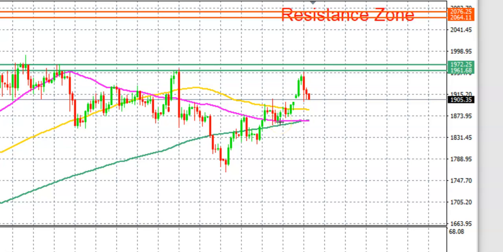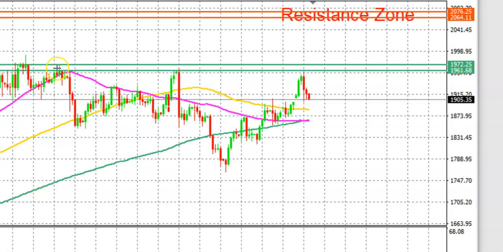And hence we saw this massive rally from here, which moved the price from below 1873 all the way towards 1961.